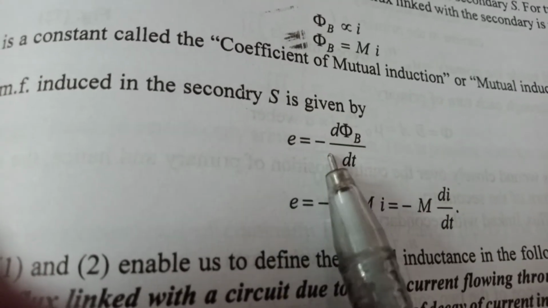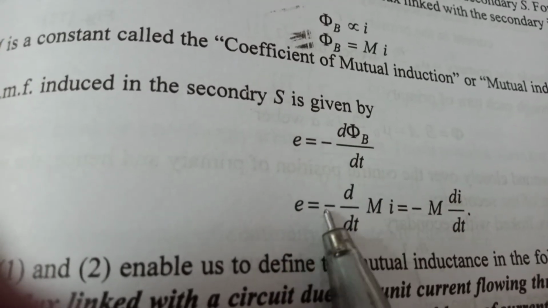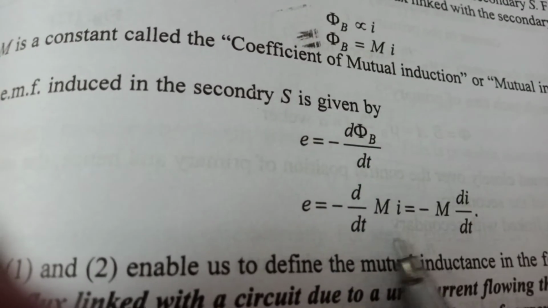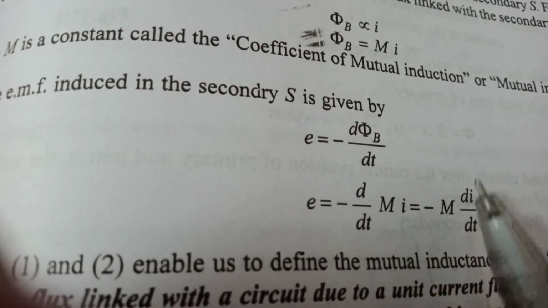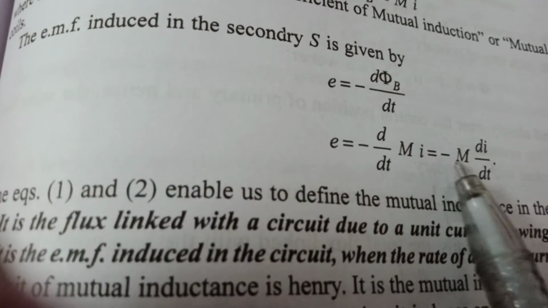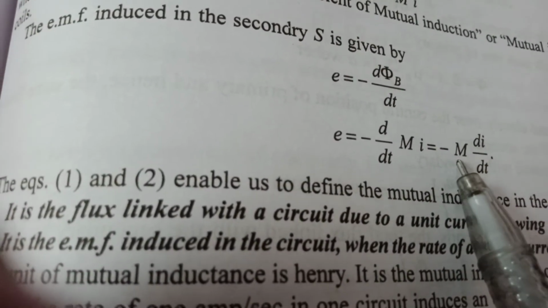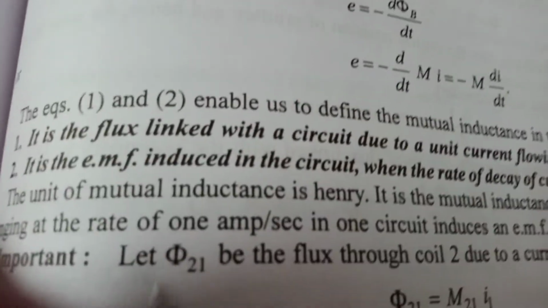The EMF induced is minus d phi B by dt, or minus d by dt of M I. In place of phi B, substitute M I. Remove this M common, you have E equal to minus M di by dt, where M is coefficient of mutual inductance. Okay.